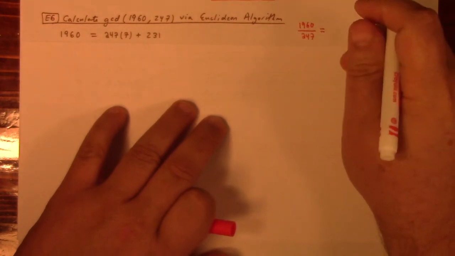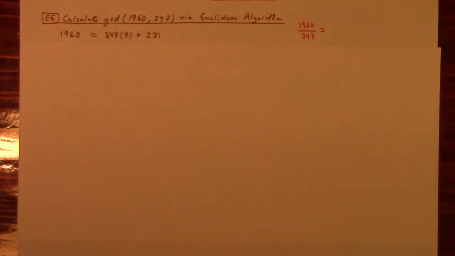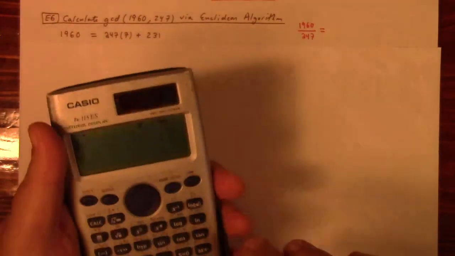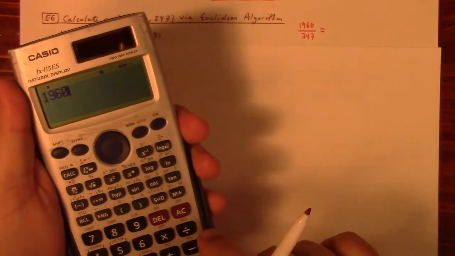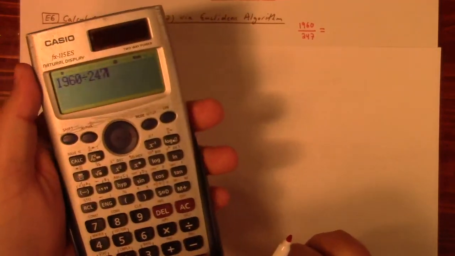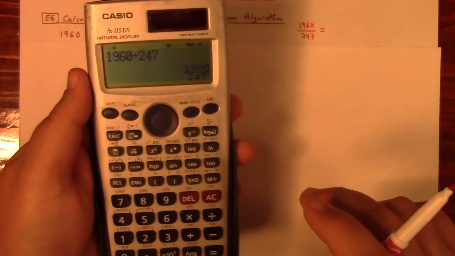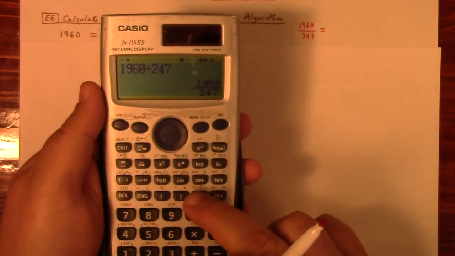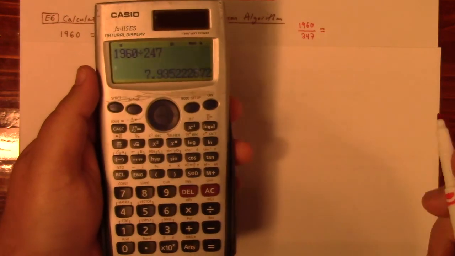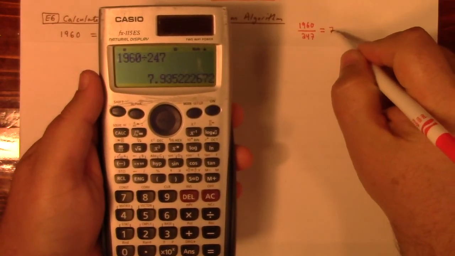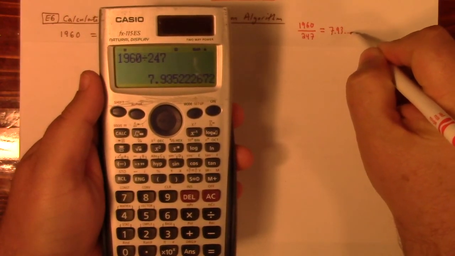It's going to give me a number, obviously, and I get 7.93, and so on.